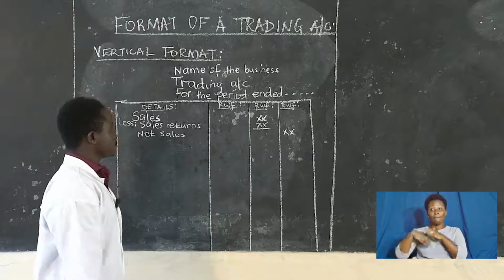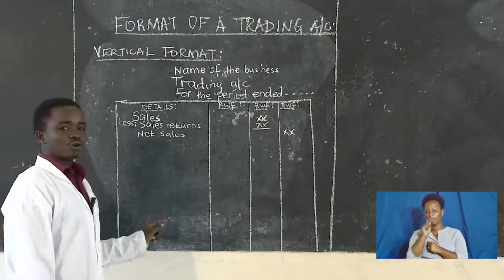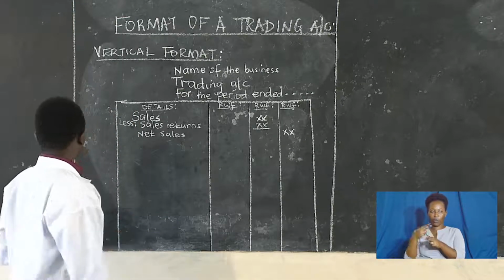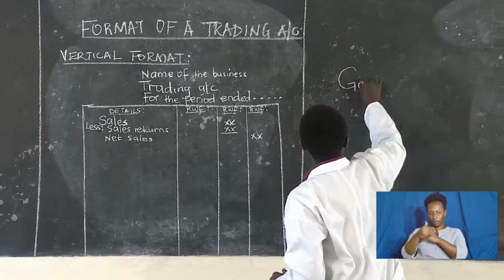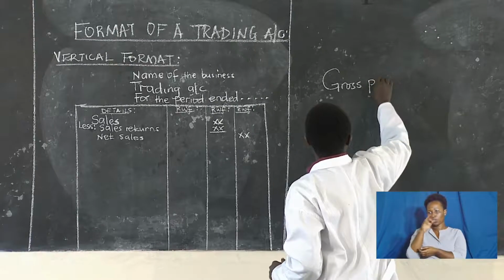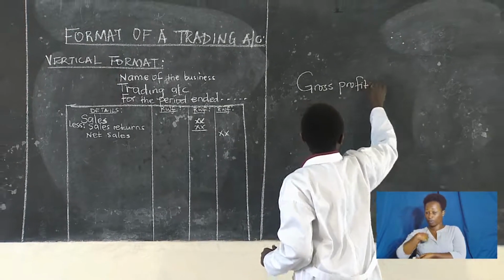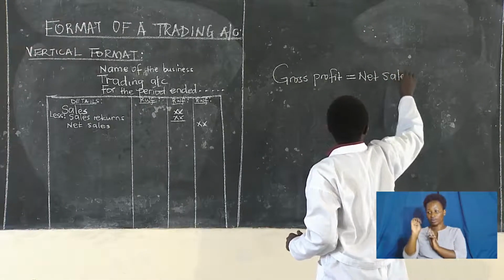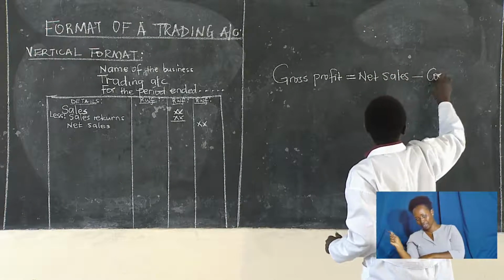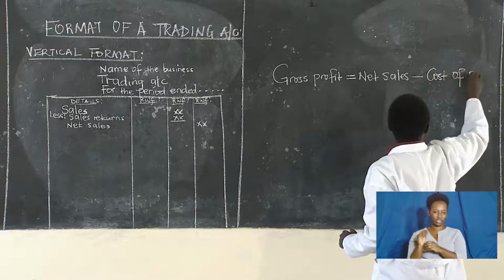Then after, you have to subtract what you call cost of sales. Remember, we are in the process of calculating gross profit. And remember, we said that gross profit is equal to net sales minus cost of sales. This is a formula that we are following.